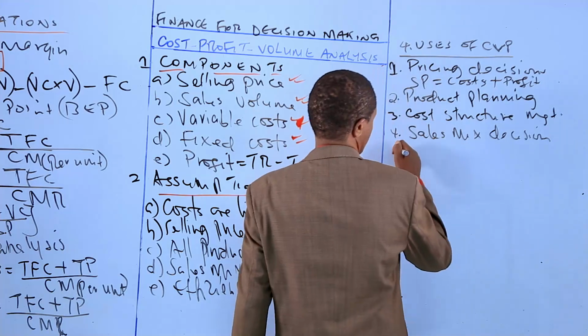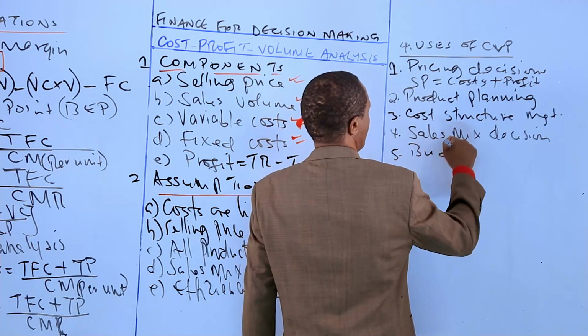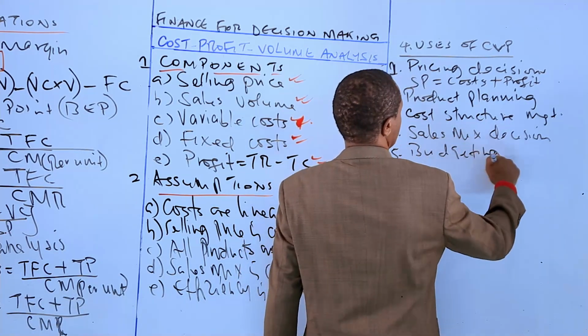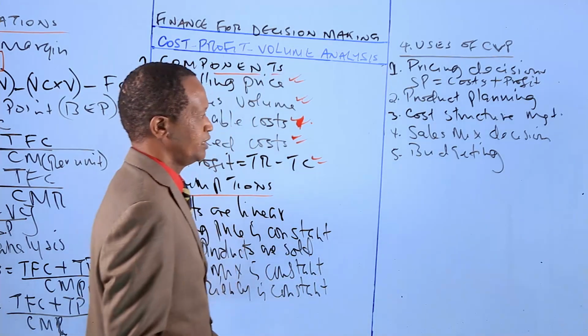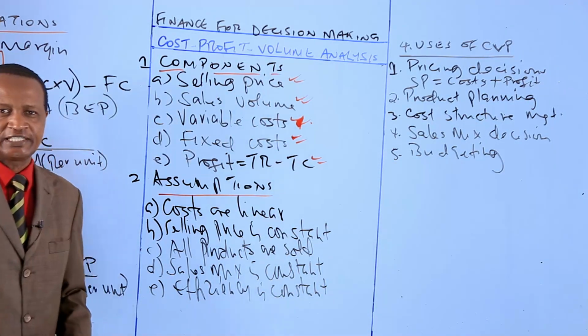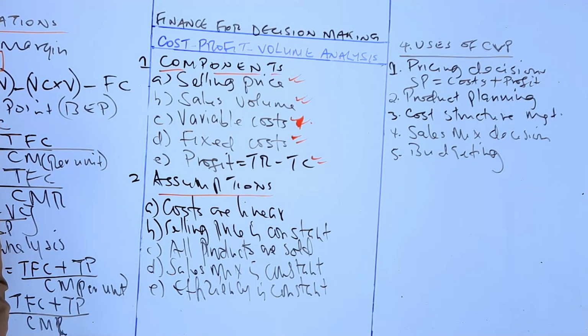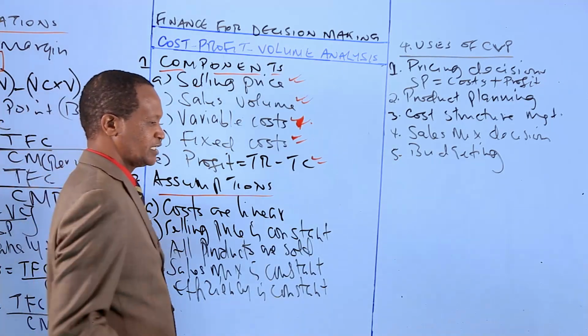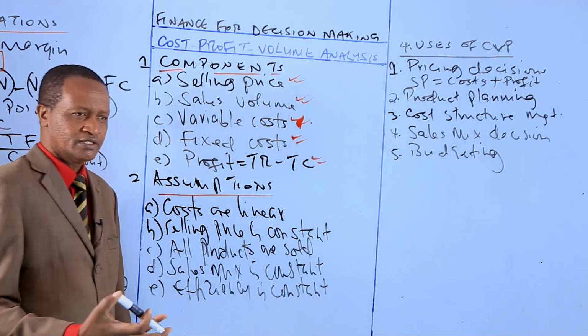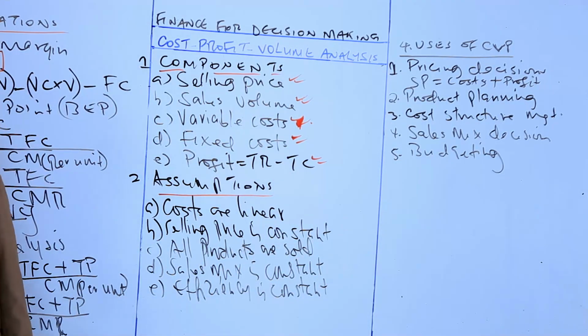Another use is budgeting. CVP analysis can be used in budgeting. That means setting targets and projecting financial results. We can use CVP analysis to set certain sales targets and to project financial results.